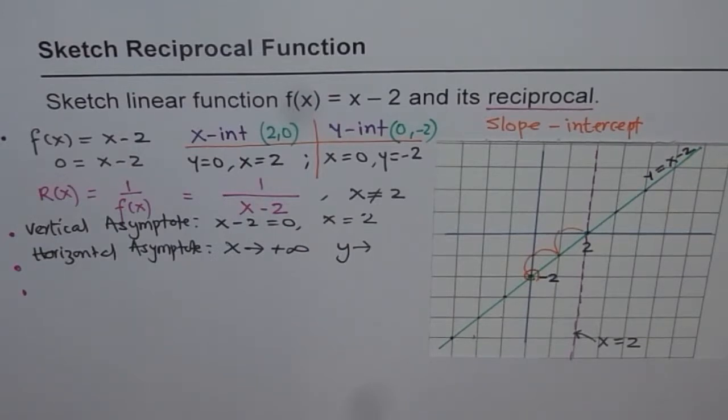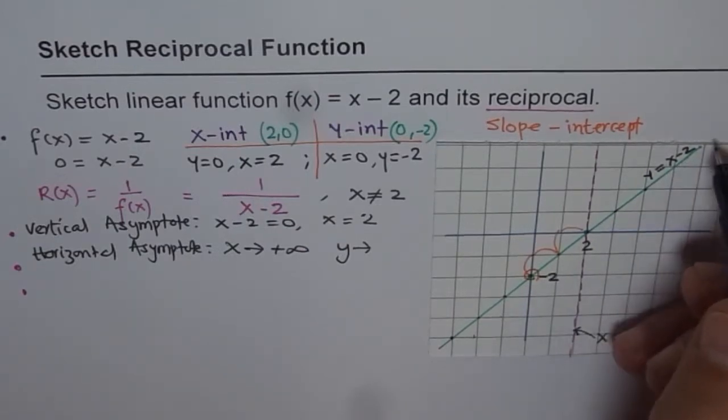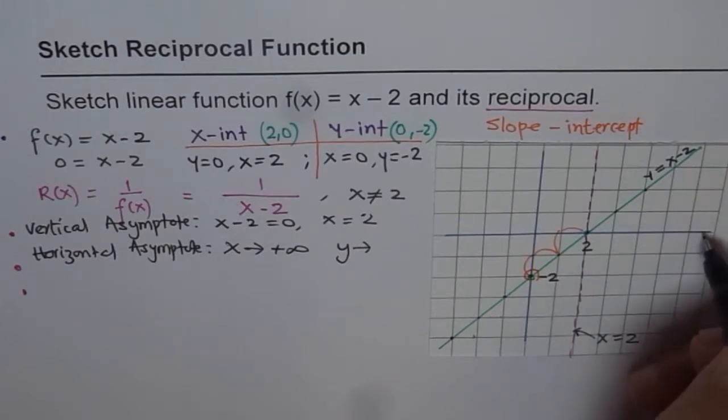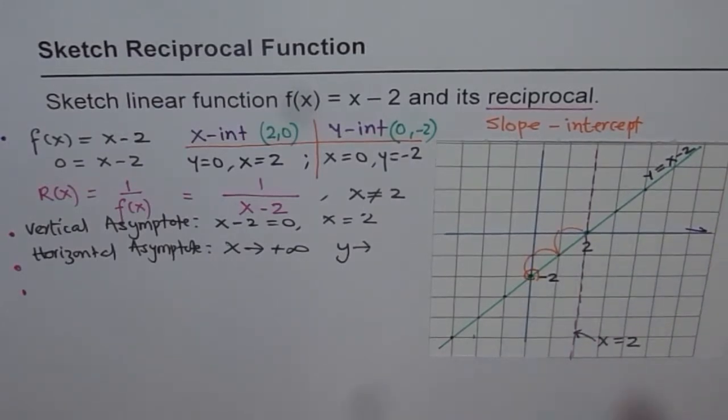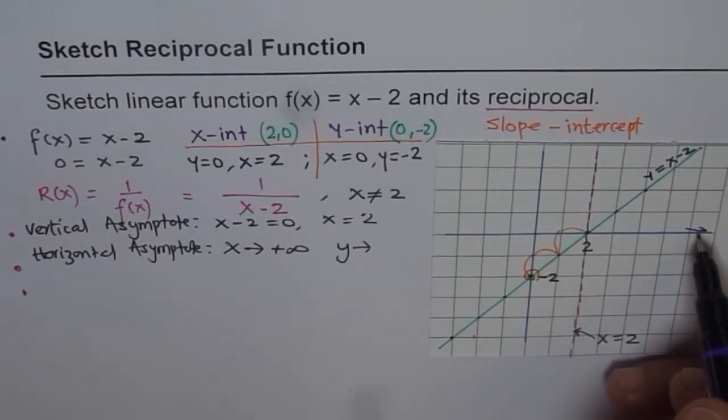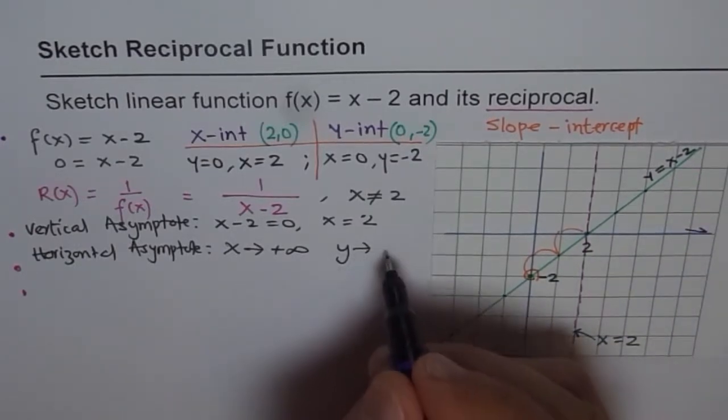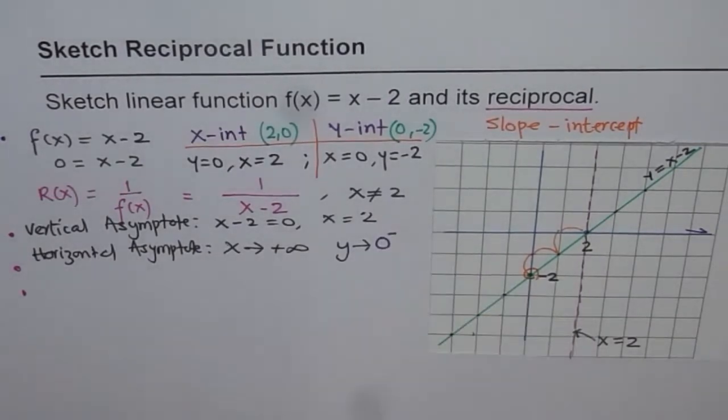Since it is approaching positive infinity, it is going to approach 0 from the positive side. So as x approaches positive infinity, y approaches 0 from the positive side.